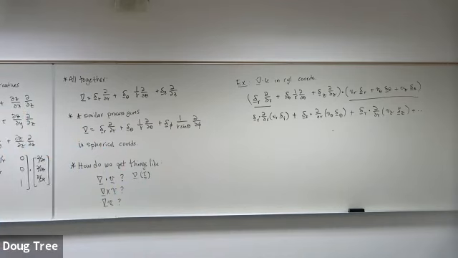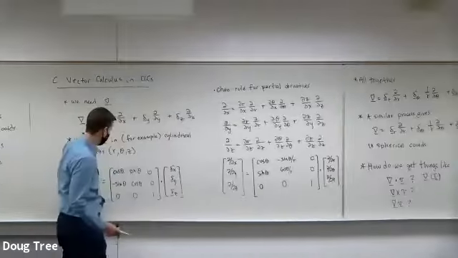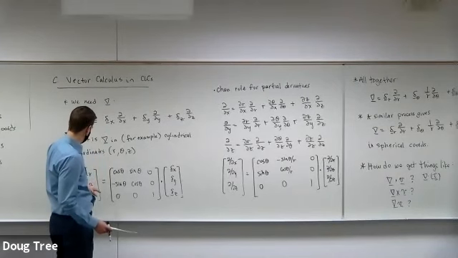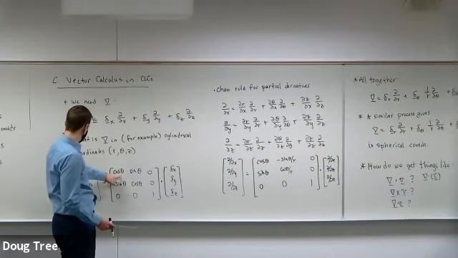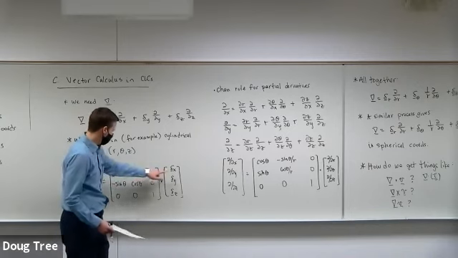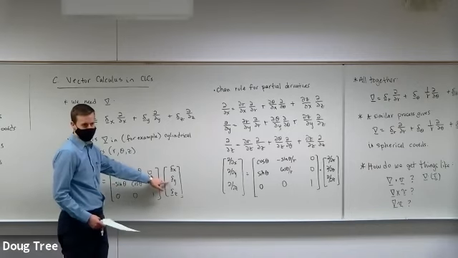So you come over to your book and you can look at these derivatives of the unit vectors. We wrote down expressions for the unit vectors. So we know delta r in terms of, that's right there, cosine theta delta x plus sine theta delta y.